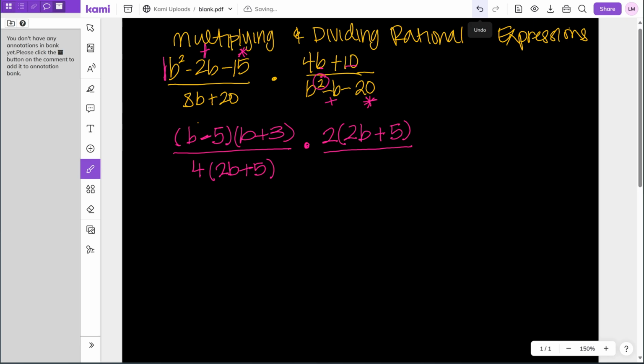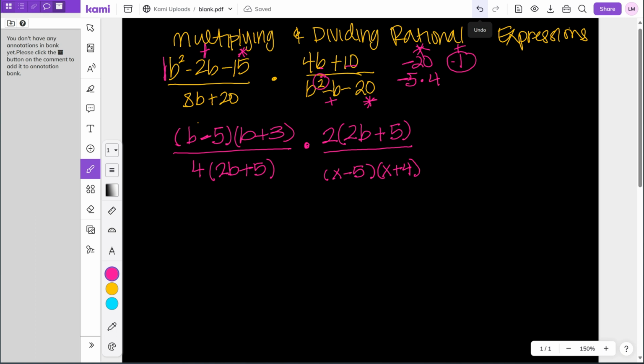So 5 and 4 multiply to be 20, and one of them has to be negative, and they have to add to be 1, so I want the 5 to be negative. So I have x minus 5 and x plus 4.